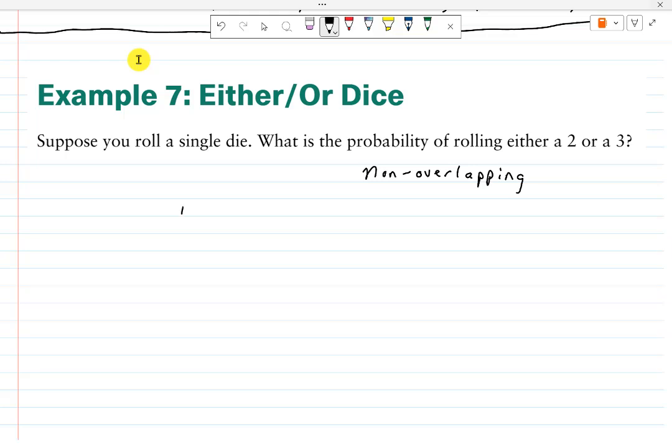What that means is that if I look at the probability of a 2 or 3, I can use the first of the equations above. Since there's no overlap, I don't have the subtracted part. The probability of getting any one number on a die is 1 out of 6, so both of these are 1 out of 6, and the total probability is 2 out of 6.